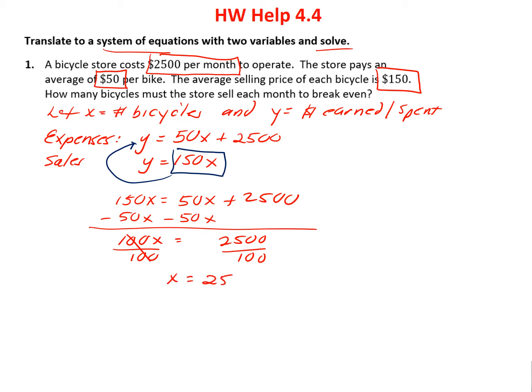So the answer is 25 bikes is the break-even point. If they don't sell 25 bikes that month, they lose money. If they sell more than 25 bikes, then they're actually making money over their expenses.